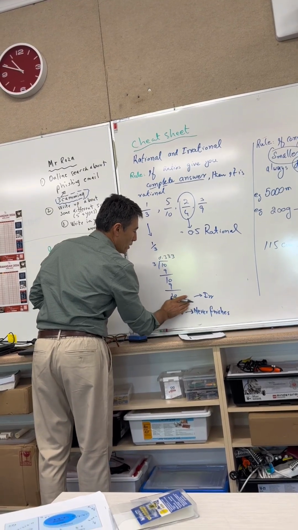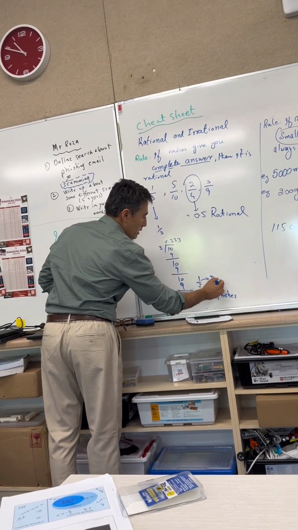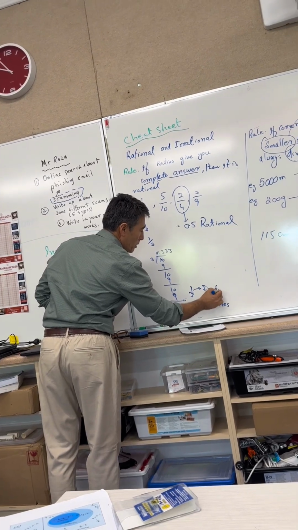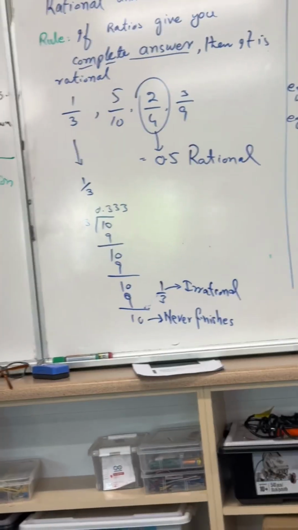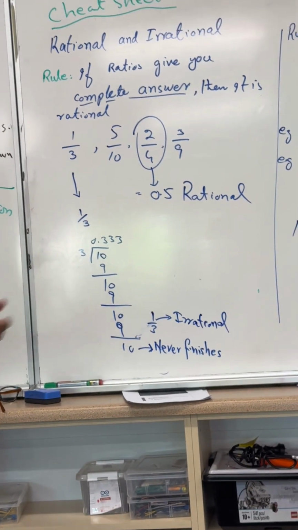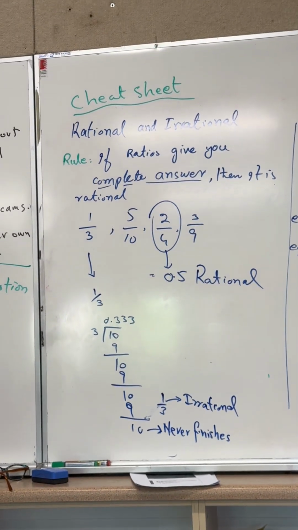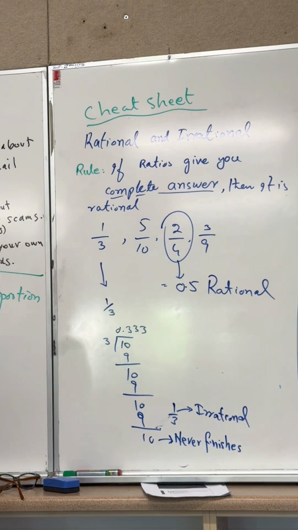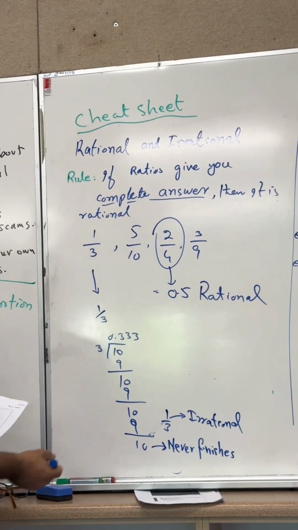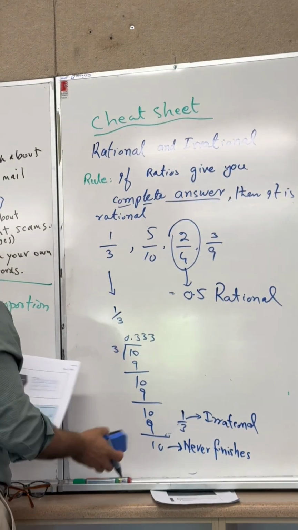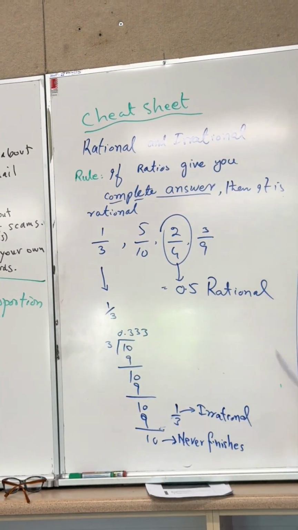So 1/3, I said 1/3 is irrational. Simple rule: if you have a calculator, quickly divide and see if it gives you the exact answer or not. If it doesn't, then it's not. So some examples of irrational, I'll write here.